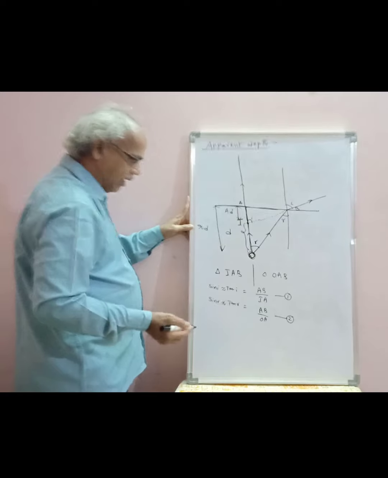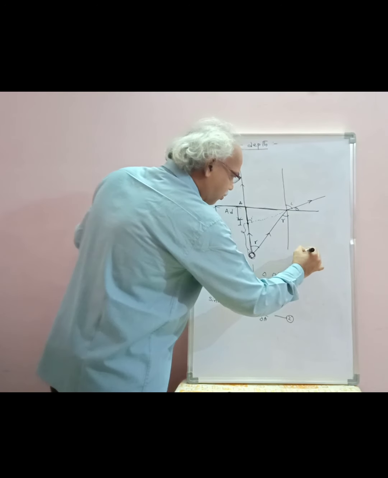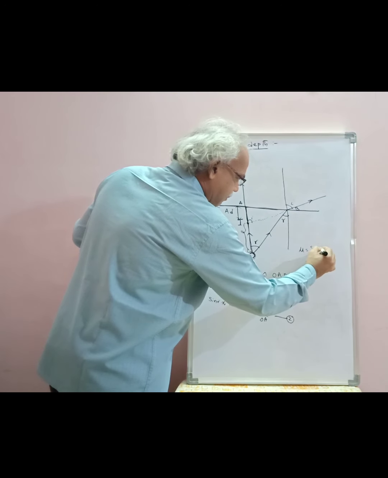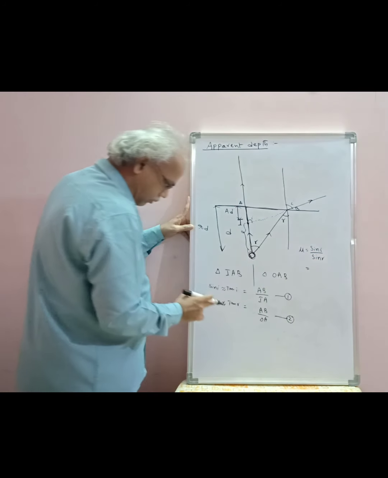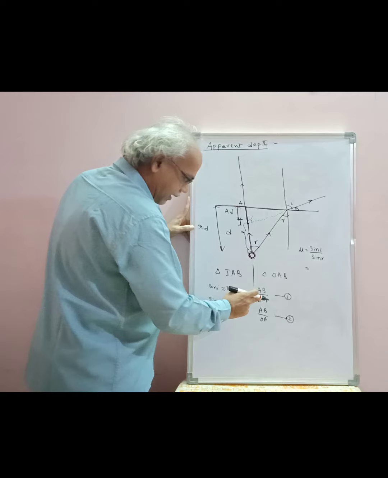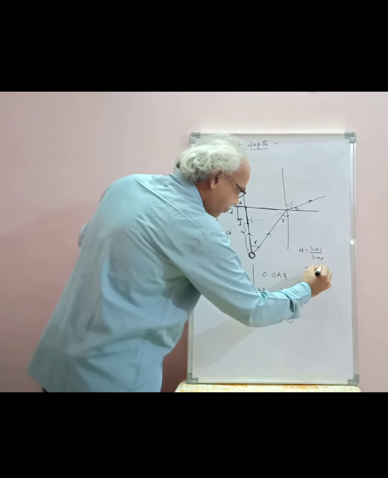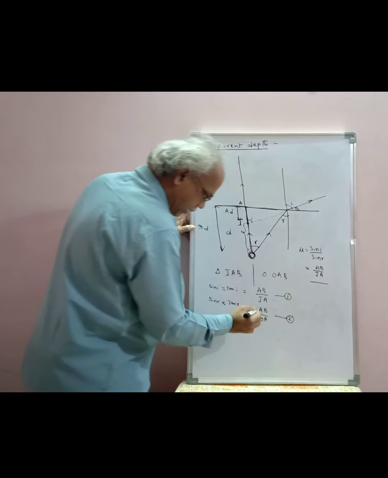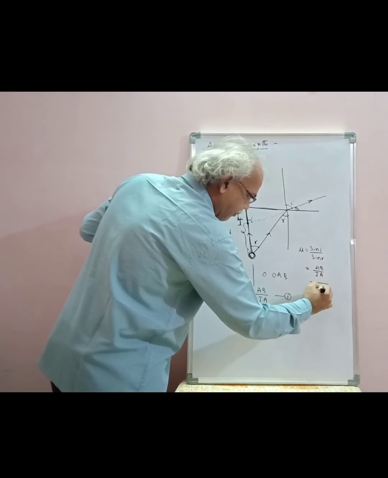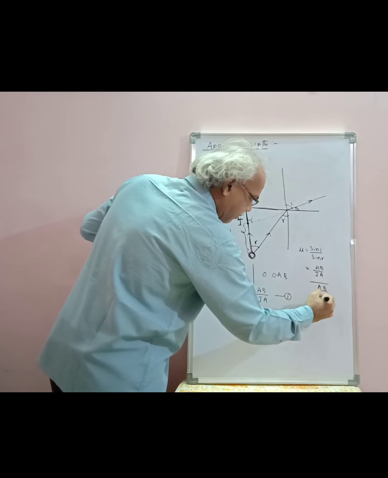From Snell's law, mu is equal to sin i by sin r. That is equal to AB by IA divided by AB by OA.